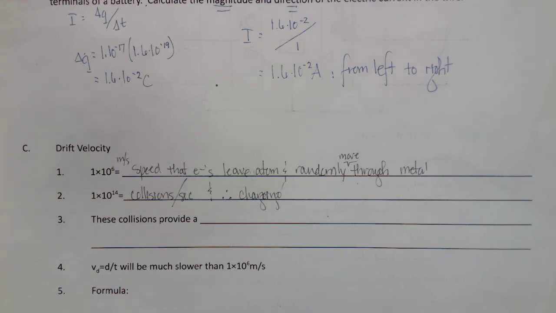I want you to think about what you've learned about metals in chemistry. Ionic bonding happens because of the extreme electronegativity difference between a metal and a nonmetal. Polar covalent bonding happens when, again, there's an electronegativity difference between them, so there are some charges.